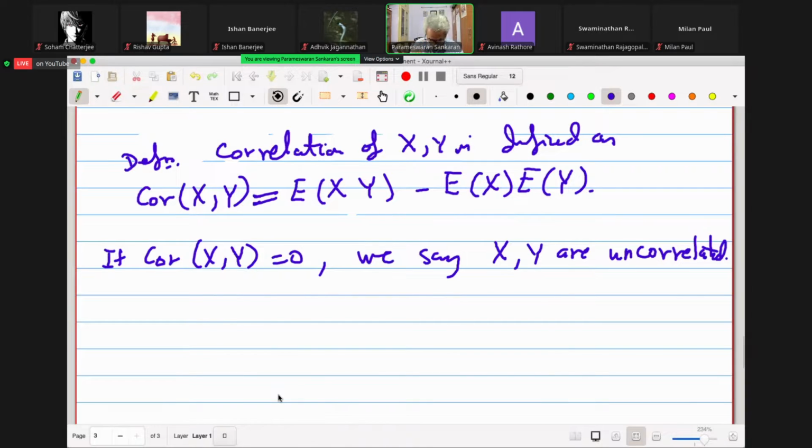Just like we saw some basic properties of expectation, next we list some properties of variance.